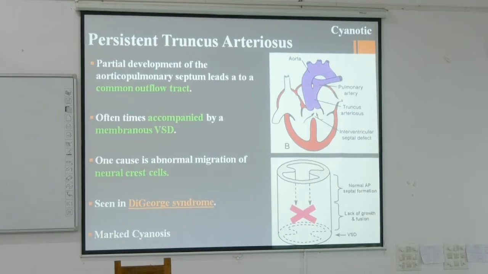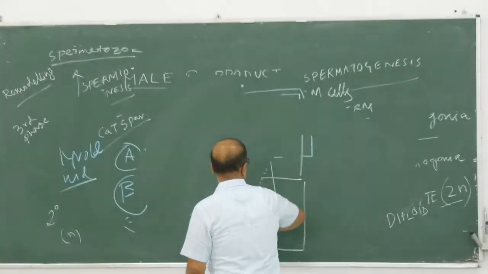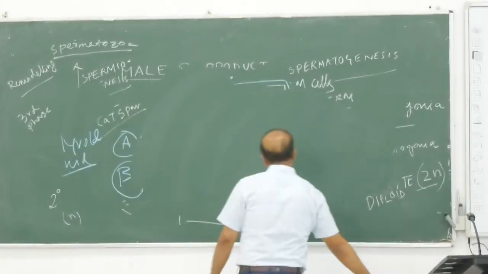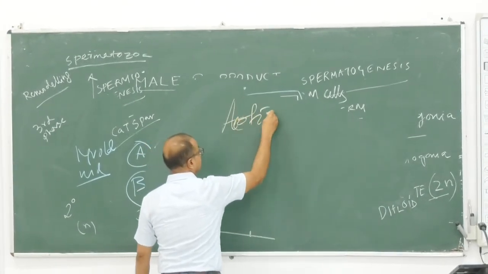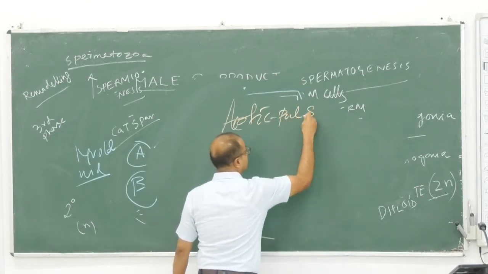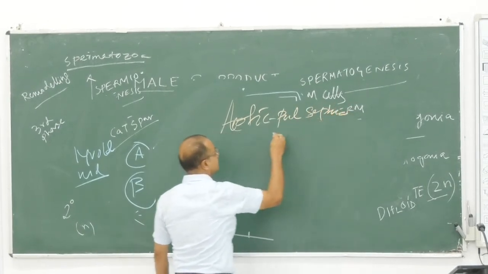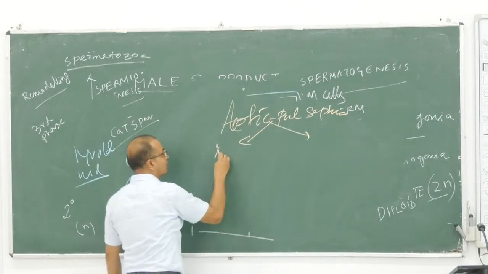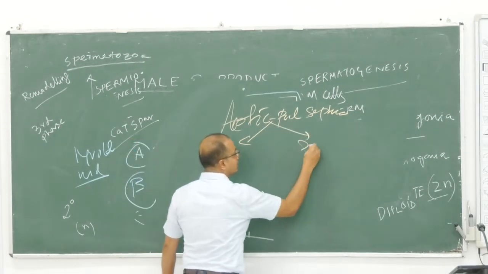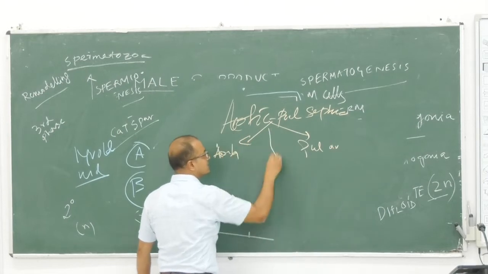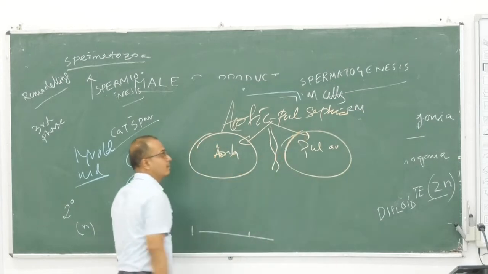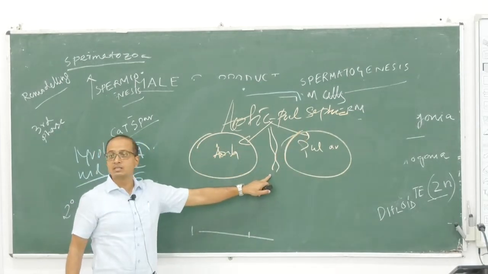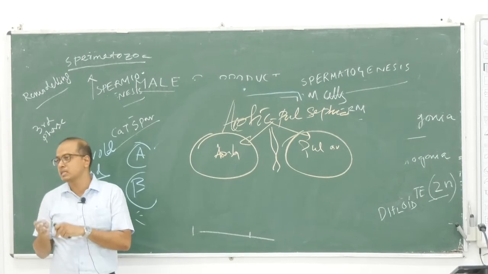Now this septa formation between the aorta and the pulmonary artery has two phases of development. This aorticopulmonary septum is present between the opening of the aorta and the pulmonary artery, and it develops from two different aspects.